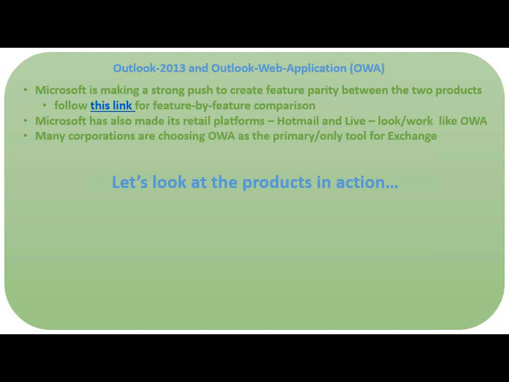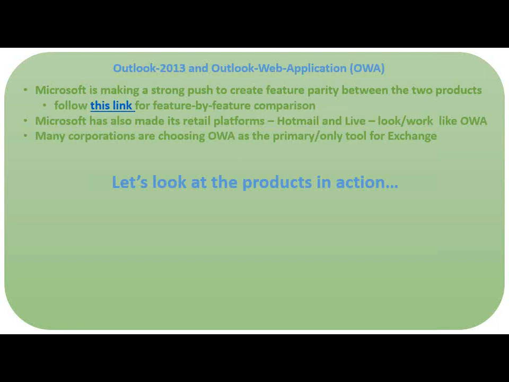The features that don't work in Outlook Web Access the same way as in Outlook 2013 tend to be fairly esoteric and not the ones that we use on a daily basis. I'm saying this because OWA has really become a very useful platform, and we'll talk more about why that is.